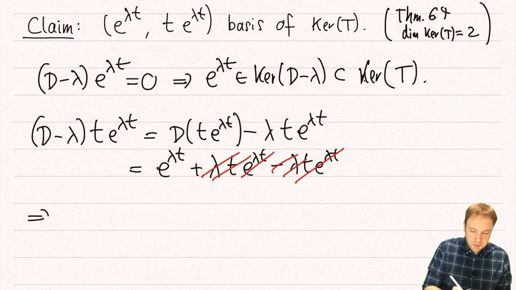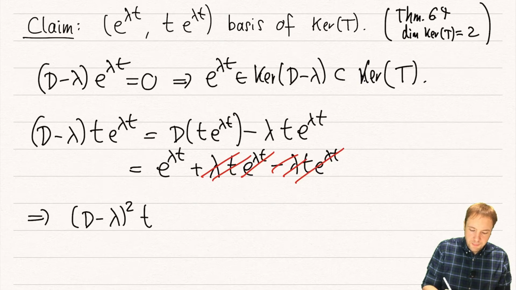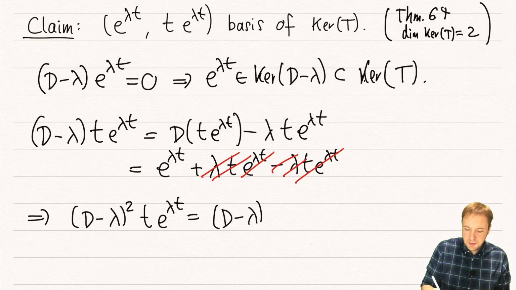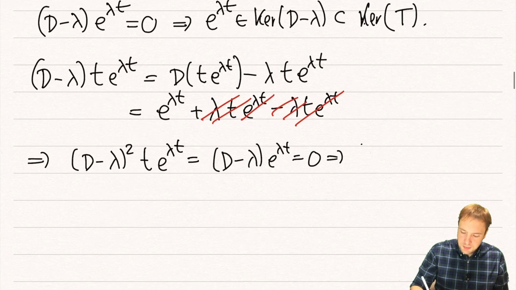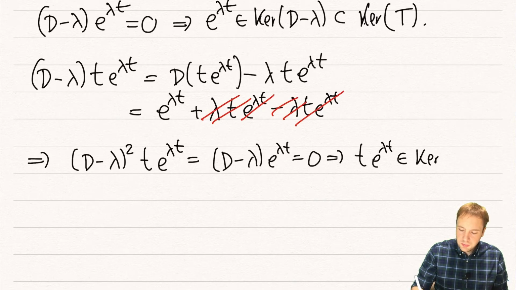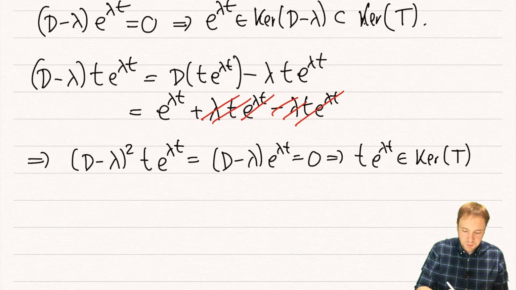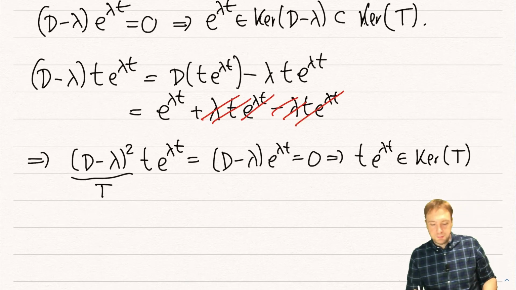So if we apply it twice, this is the same as applying this to e to the lambda t, and this is 0. And therefore t e to the lambda t is in the kernel of T, because this here is just T.